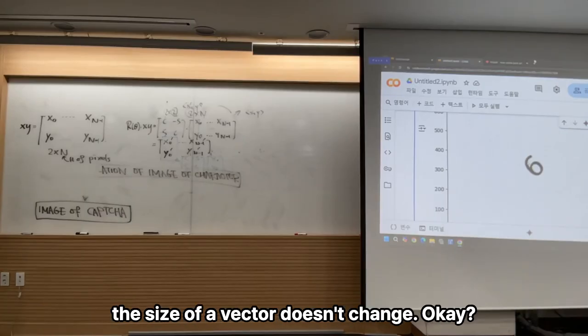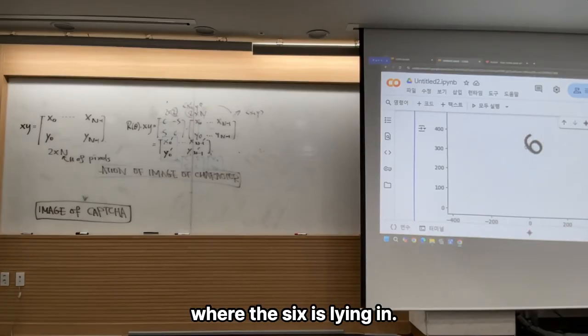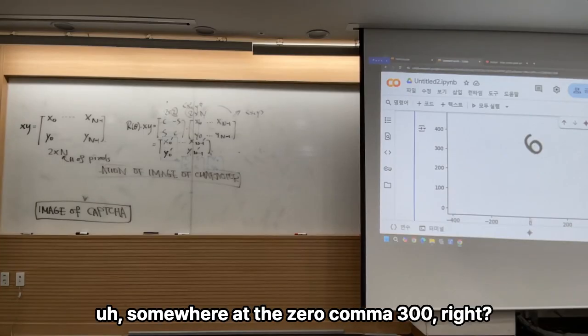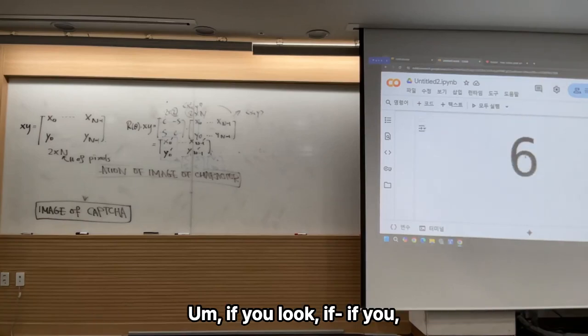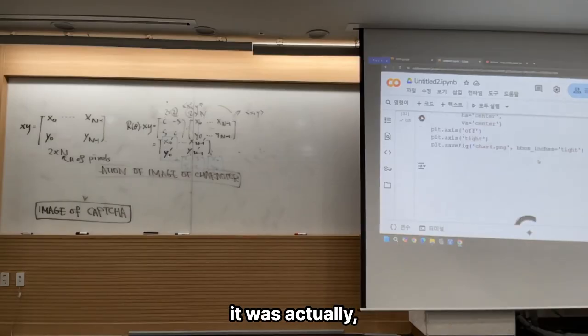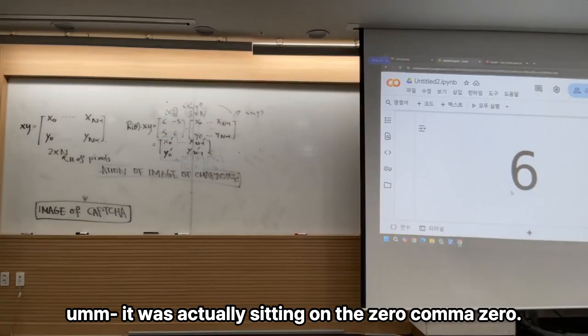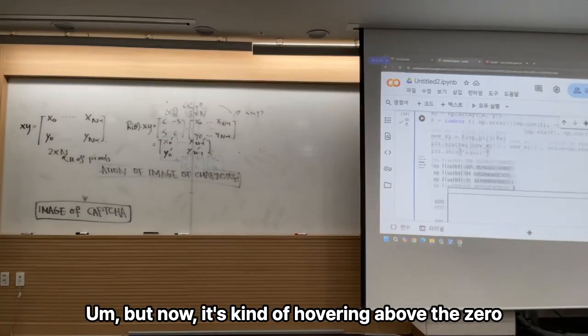Okay. Actually, it's interesting that you see the coordinate where the 6 is lying. It's lying somewhere around 0, 300, right? If you remember how we drew this 6, it was actually sitting on the 0, 0. But now it's hovering above the 0 here, right?